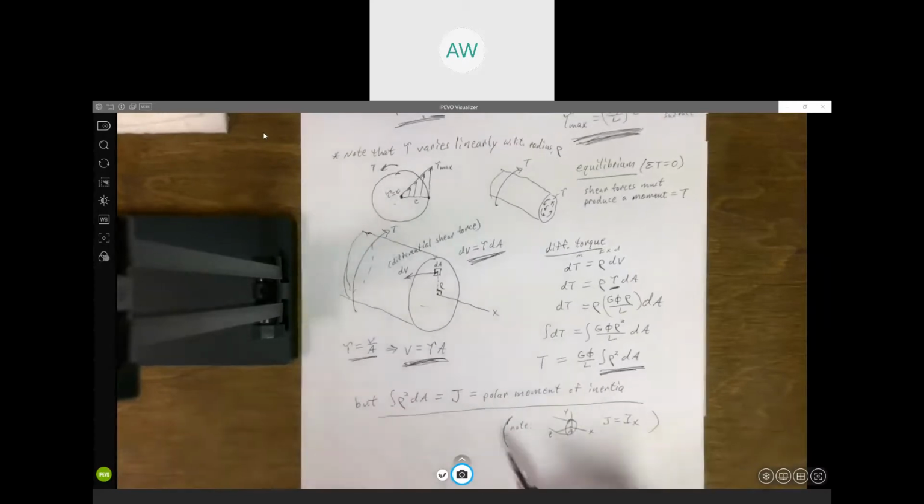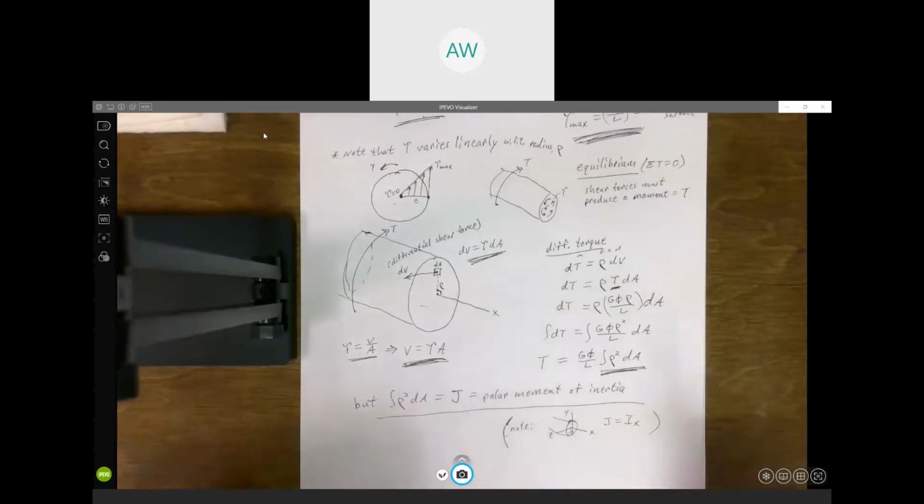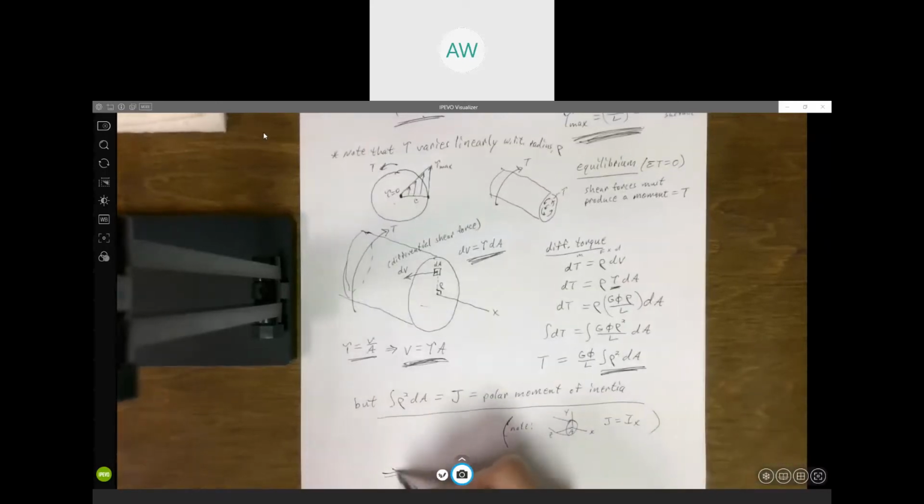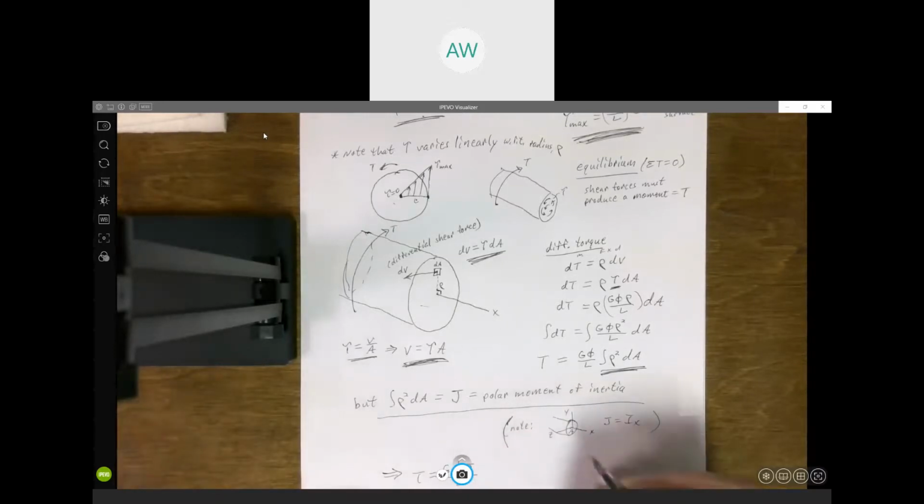We're going to come back and talk about J some more, the polar moment of inertia, in just a minute. But for now, let's just accept that that's what this integral is. And so we get the torque here is G times phi times J over L.